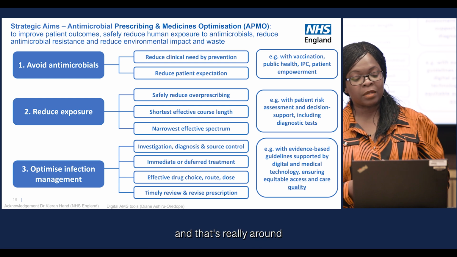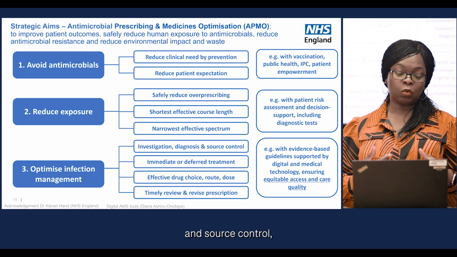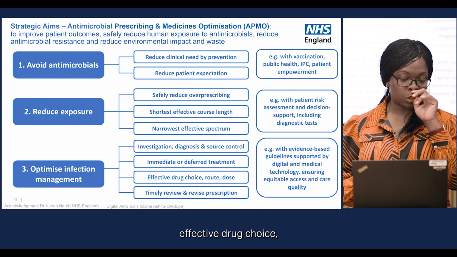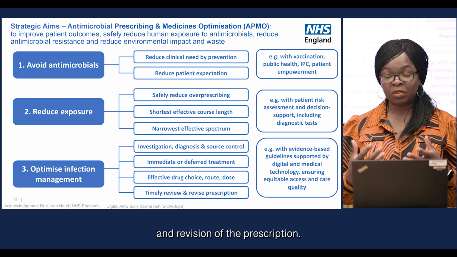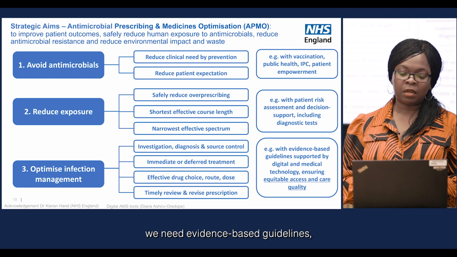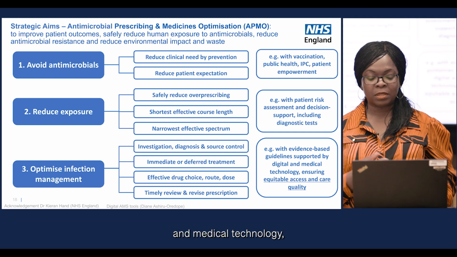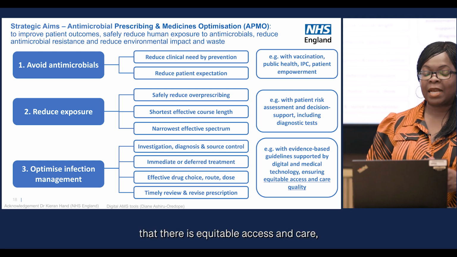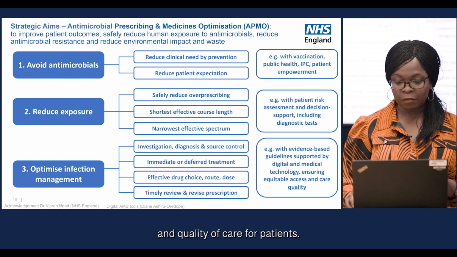And that's really around investigation, diagnosis, and source control, immediate or deferred treatment, effective drug choice, timely review and revision of the prescription. And for that, we need evidence-based guidelines, which are supported by digital and medical technology, and to ensure that there's equitable access and quality of care for patients.